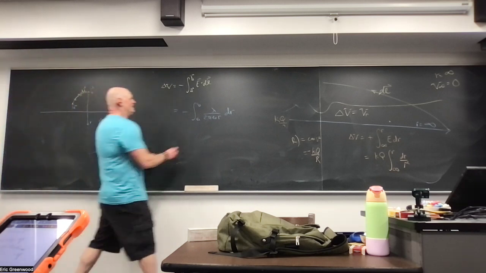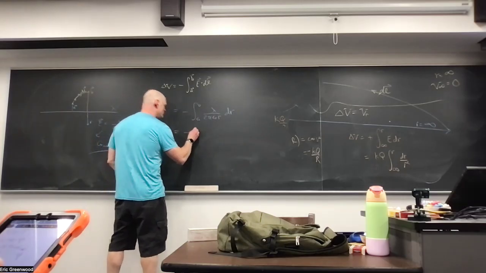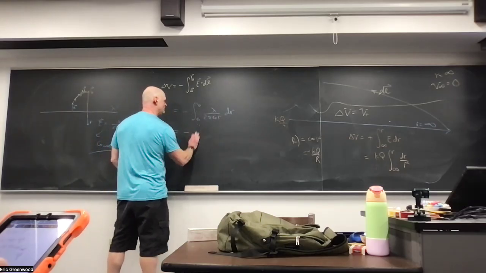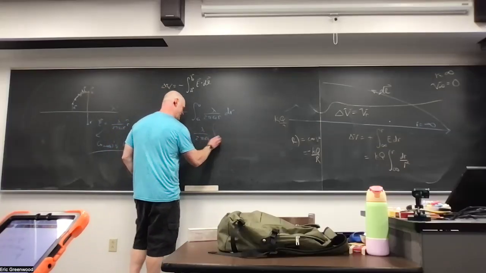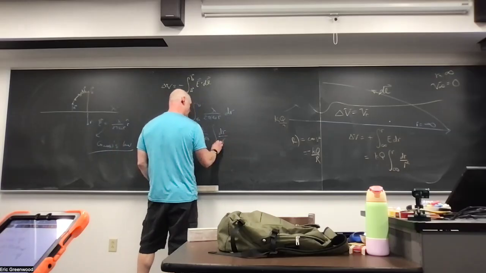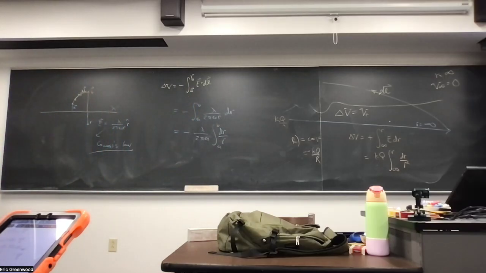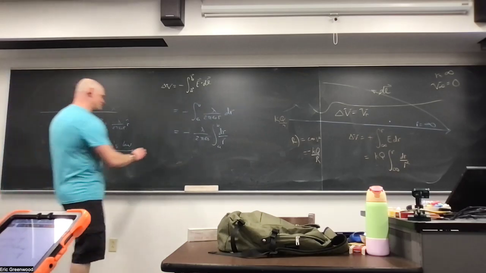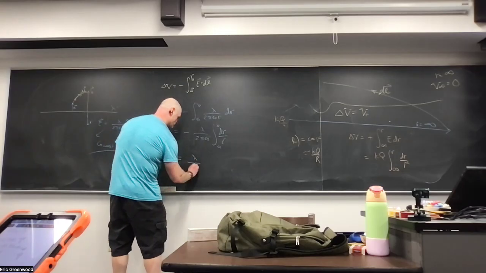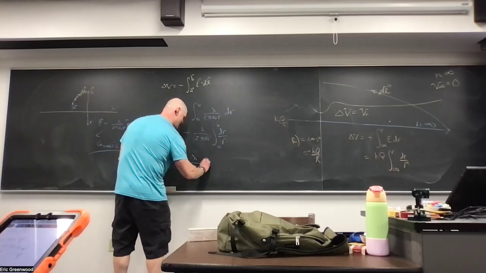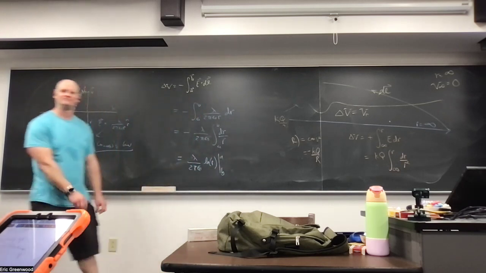Okay. So cool. All the stuff here is a constant, so it's going to give me a negative integral from a to b. Actually, let's do it this way. Lambda over 2 pi epsilon naught integral dr over r from a to b. What's the integral of 1 over r dr? Natural log. So it's going to be the same thing then as lambda over 2 pi epsilon naught natural log of r evaluated from b to a.